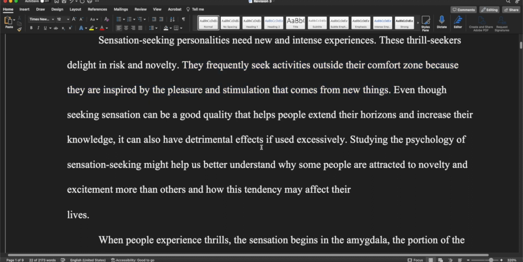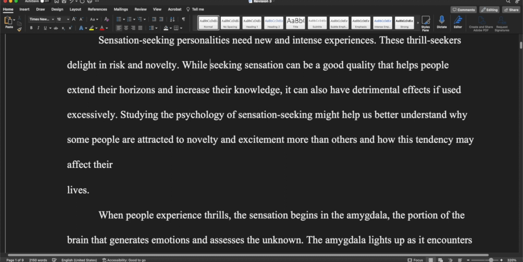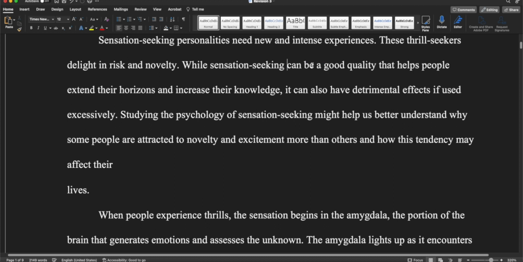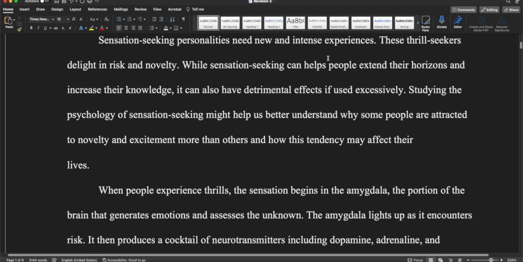Even though sensation seeking can be a good quality that helps people extend their horizons and increase their knowledge, it can also have detrimental effects if used... So, while sensation seeking can help people extend their horizons and increase their knowledge, increased knowledge is a lot like extending horizons, right?